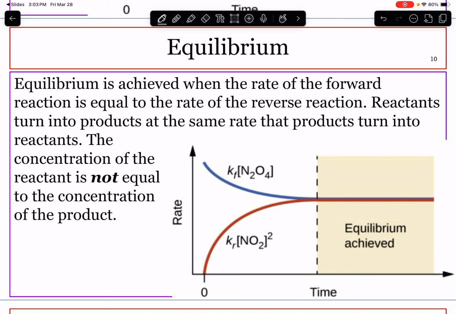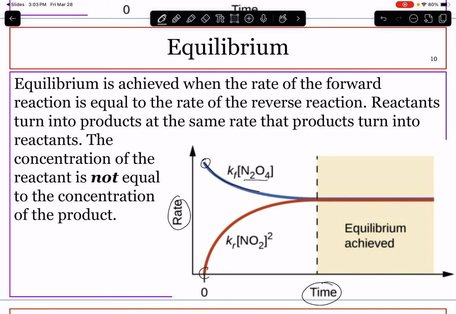Equilibrium is achieved when the rate of the forward reaction reaches the rate of the reverse reaction. So on this graph, we have rate on the y-axis, and time is still on the x-axis. You can see that the rate of the forward reaction starts out up here, and it slowly decreases as the N2O4 amount decreases.